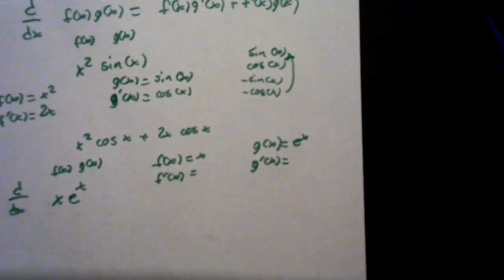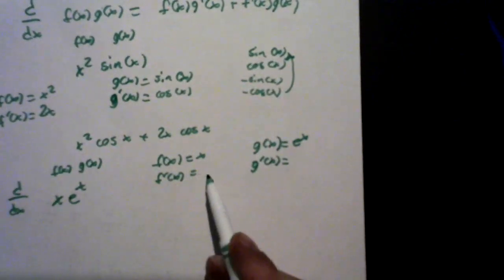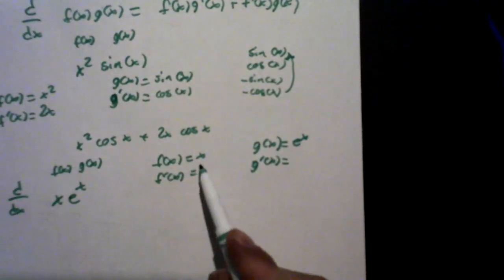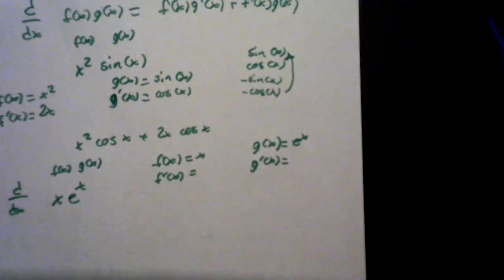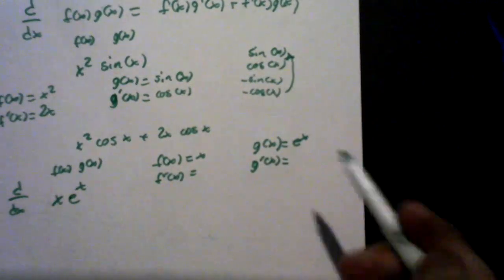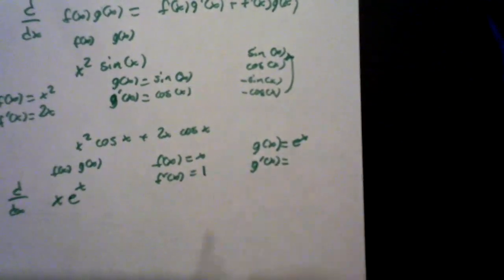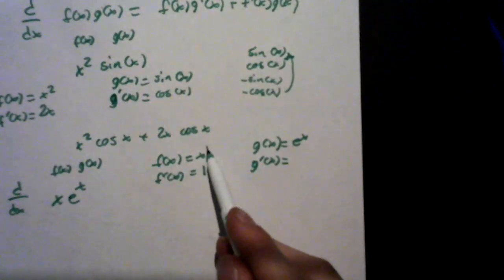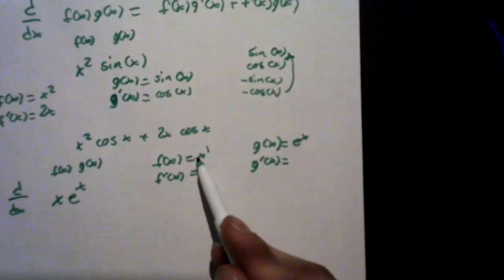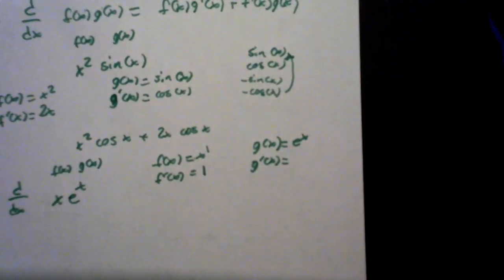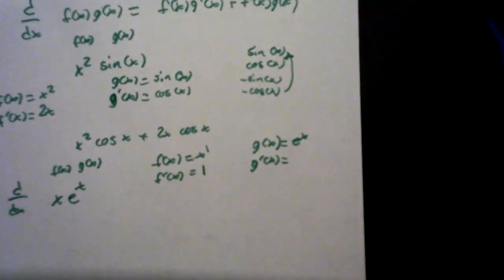Alright, x is just x to the 1, so you can use the power rule, or technically it's just 1, because taking the exponent out in front leaves x to the 0, which is technically 1, so it's just 1.